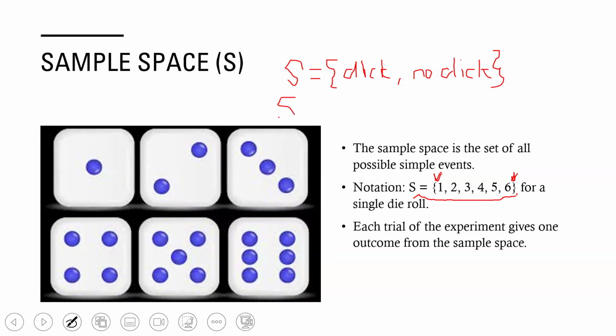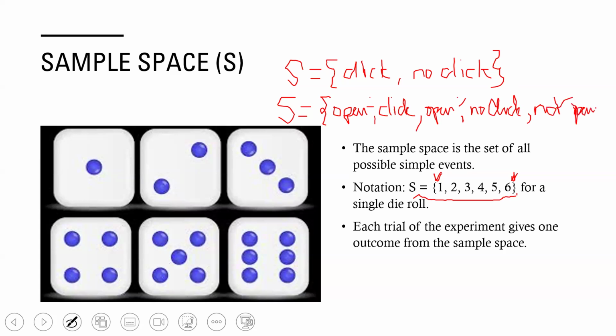Maybe the sample space is {open and click, open and no click, not opened}. Curly bracket, right? What matters is that the sample space covers all of the possibilities.